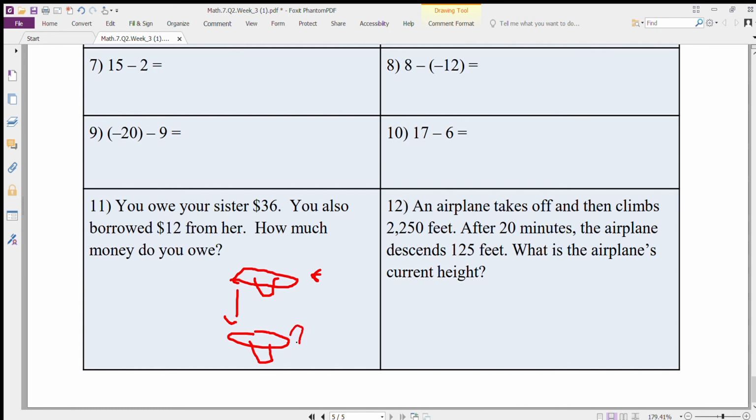That's number 12. Anyway, you can either choose 11 or 12. It's up to you. Which I prefer you guys doing 11 because that's negative numbers. But it's really up to you.